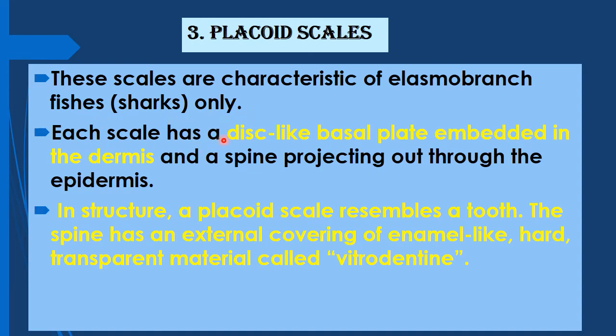Each scale has a tridentine structure: a disc-like basal plate which is embedded in the epidermis and a trident spine that projects outside through the epidermis. In structure, a placoid scale resembles a tooth-like structure. The spine has an external covering of enamel-like, hard, transparent material called vitrodentine.